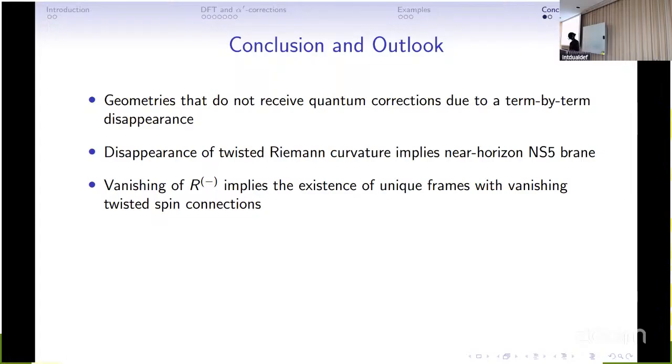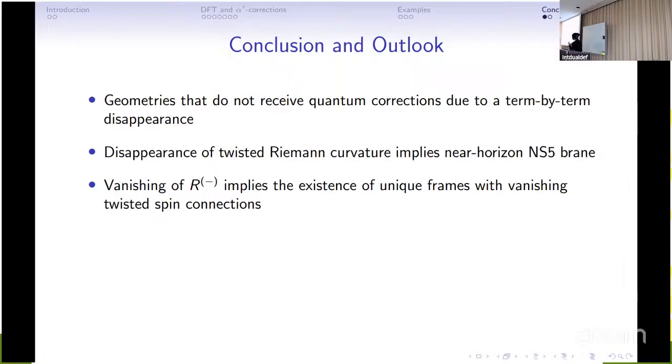So to give some summary as to what I was talking about, and some outlook ideas. We looked at certain geometries that do not receive quantum corrections because of some term by term disappearance. So by looking at the building blocks themselves, the R minus or even R plus, for example, if we go deeper into what exactly is contributing in these R minus or H tildes, it's the spin connection.